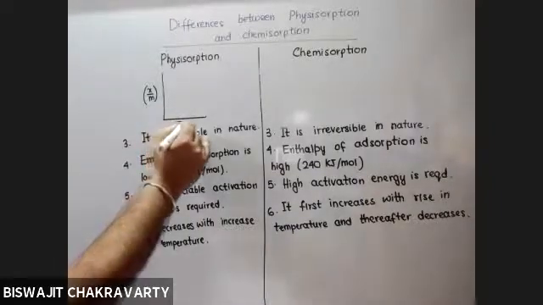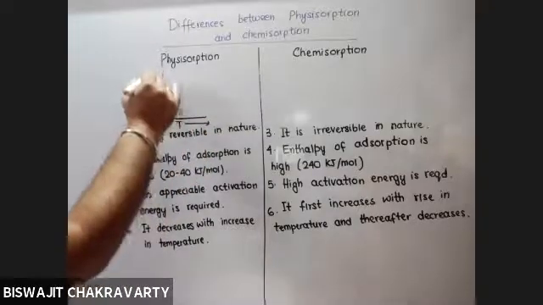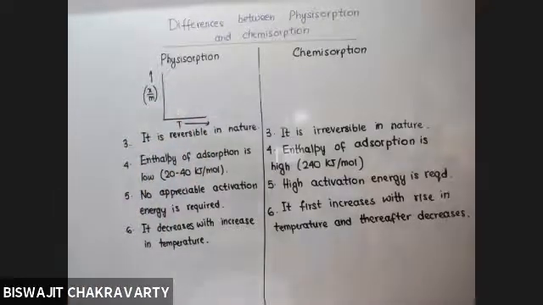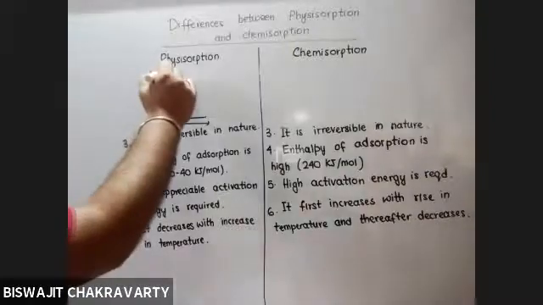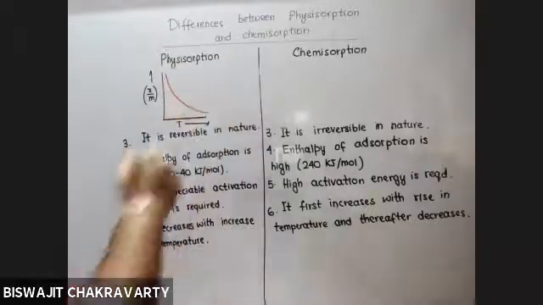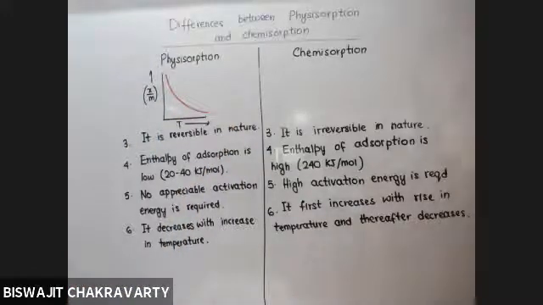Versus temperature for Physisorption at constant pressure, because pressure also affects the adsorption process and temperature also affects. So if you want to find out the effect of any one of them, the other must be kept constant. So these graphs are called isobars. Okay, and what is the meaning of the term isobars? The graphs which are calculated at constant pressure.